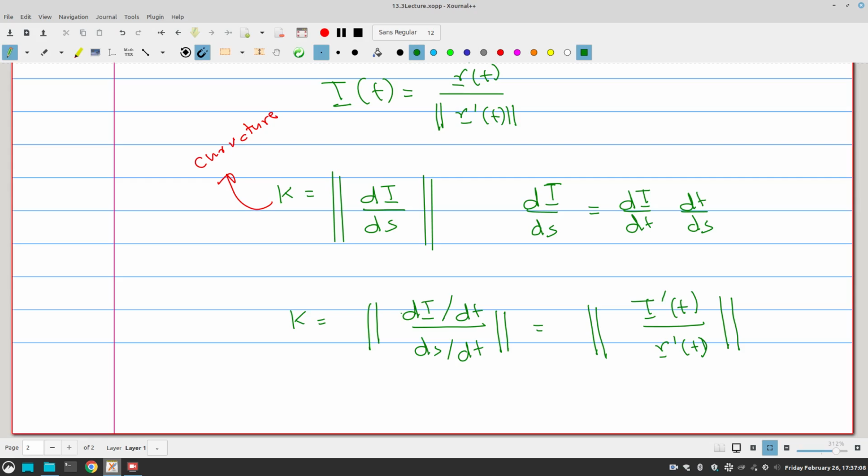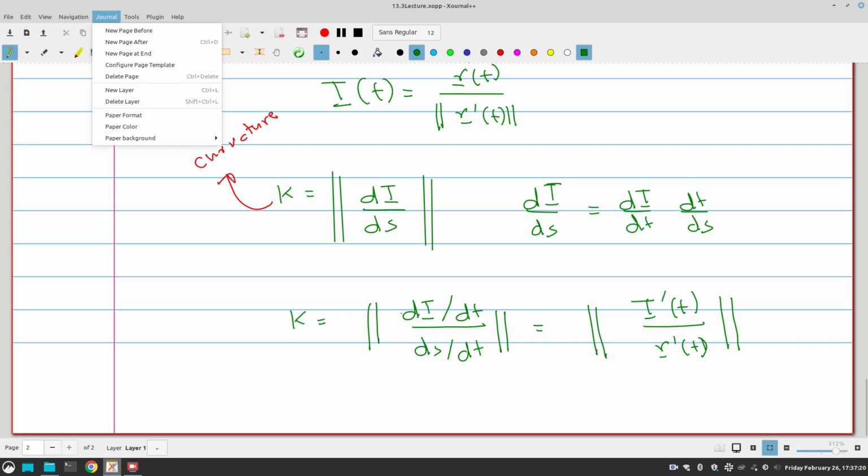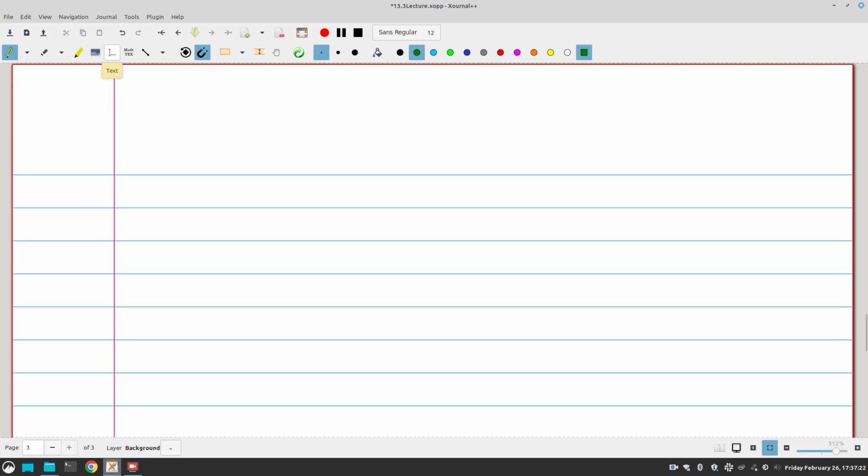So for example, let's take example 3 from Stewart's calculus. Okay, so you have r of t given by a cosine t, comma, a sine t.